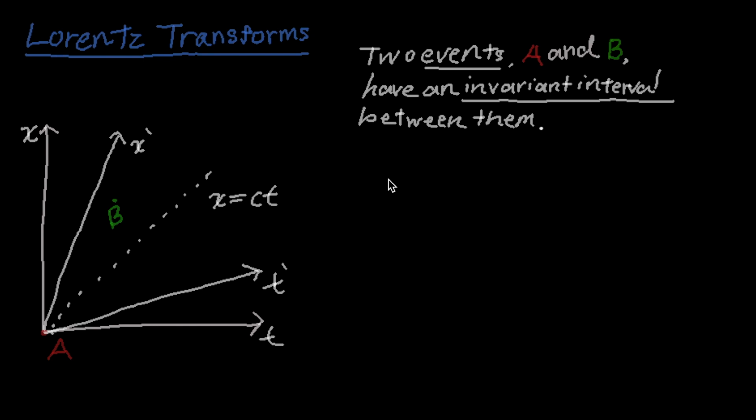So, suppose we've got two events, A and B, with A at the origin. So I can write that the position of A is equal to (0, 0), and the position of B equals (delta t, delta x).